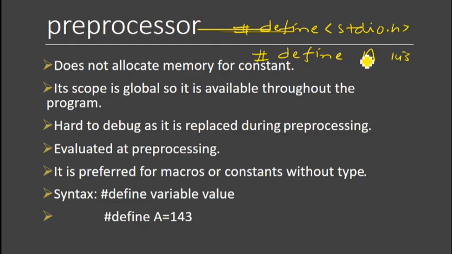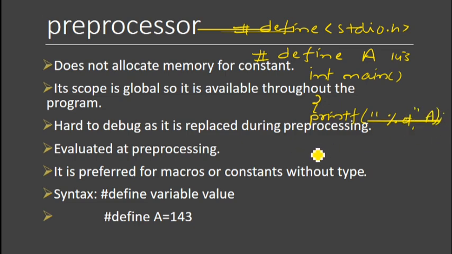Because I'm writing capital letters for easy readability, but I can write small a also. After that I'm declaring int main, open curly bracket, and then I'm printing this value: printf percentage d comma a, then return 0. So this is my program.